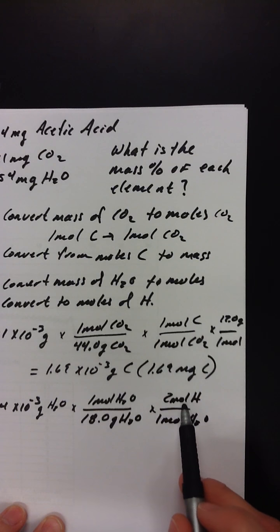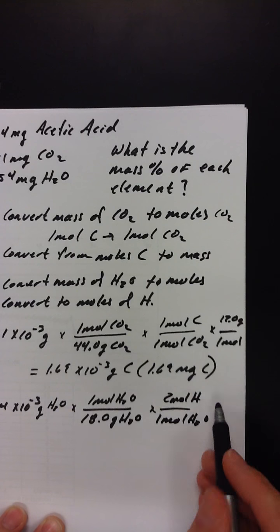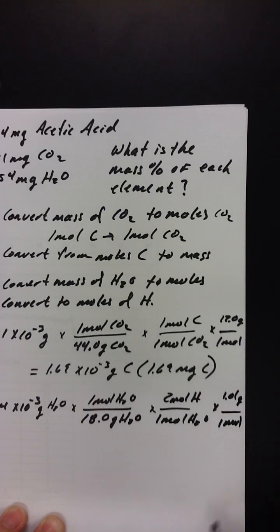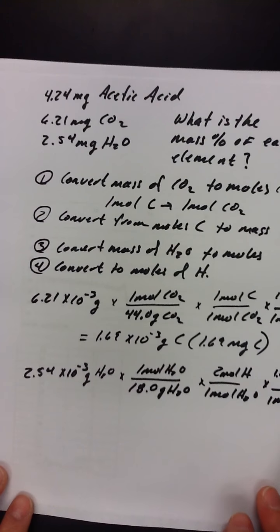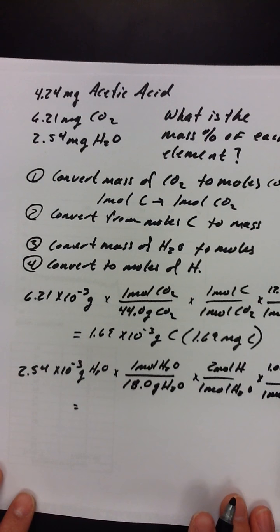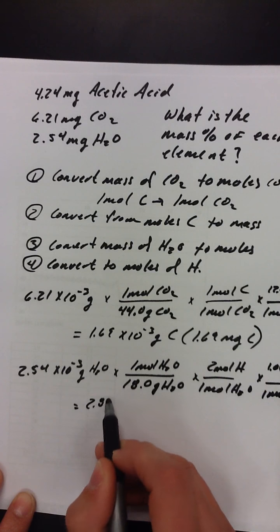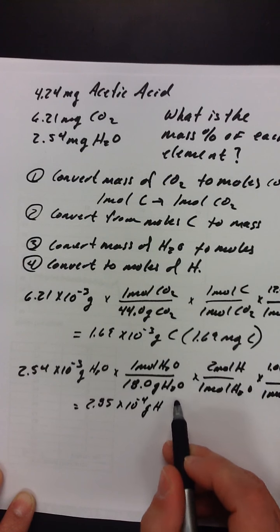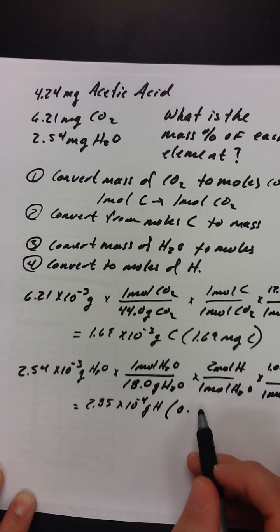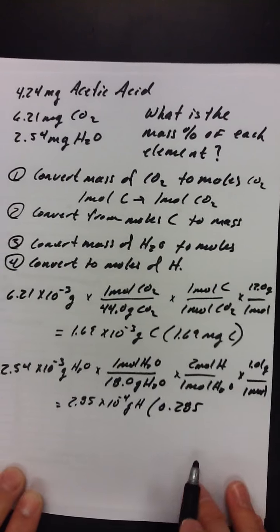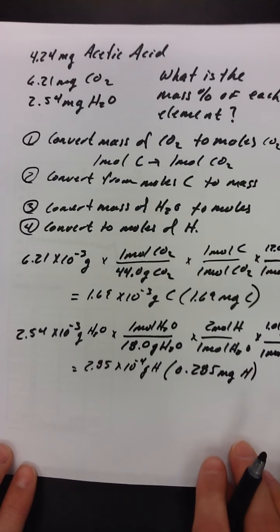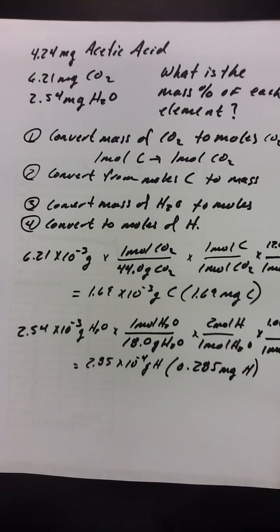And then lastly, we would just need to convert from moles into mass of hydrogen. So 1.01 grams over 1 mole. When we actually perform that calculation, we end up getting 2.85 times 10 to the minus 4 grams of hydrogen, which is 0.285 milligrams of hydrogen. So now we have the mass of carbon and the mass of hydrogen in the original sample.